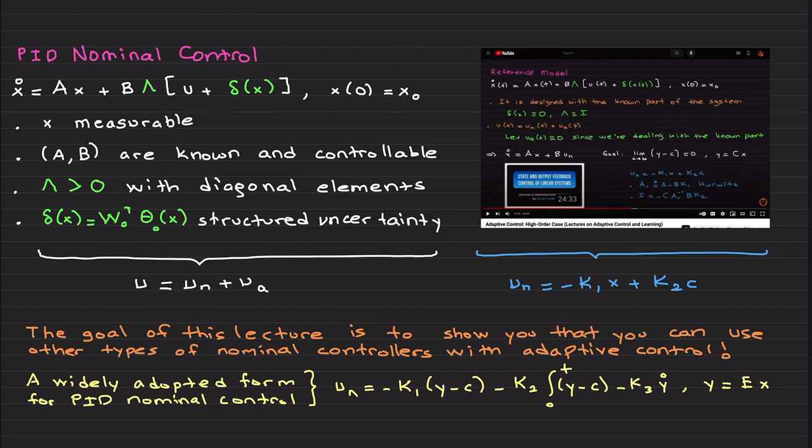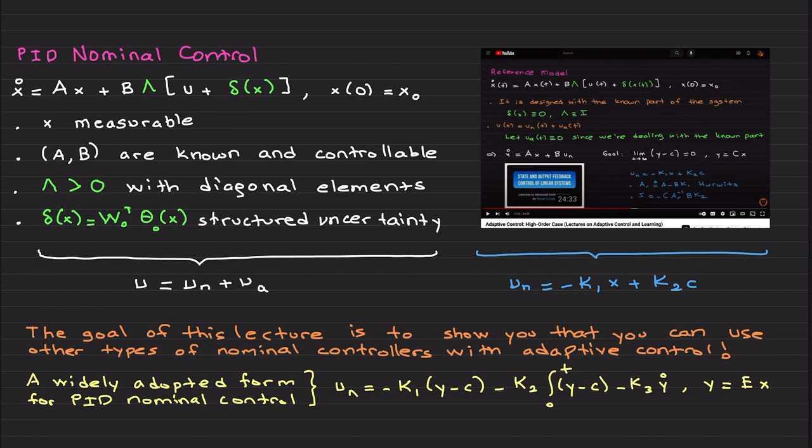First of all, in the previous video, we covered adaptive control with integral nominal control, and in industrial applications, the content of the previous video is more important in my opinion because that's how many other people use it in industrial applications.